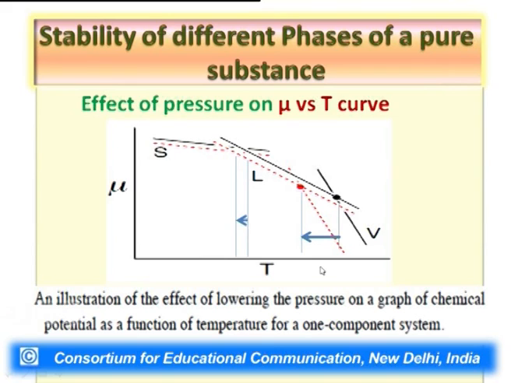And if we keep on decreasing pressure, the stability of the liquid phase keeps on decreasing, and there may come a temperature at which the solid phase directly coincides with that of the vapor phase, and hence we reach the sublimation curve and sublimation temperature. At such a pressure the liquid phase would not be present and the solid would directly sublime.